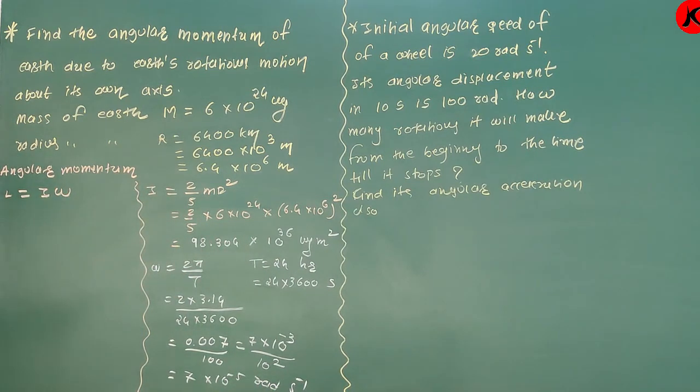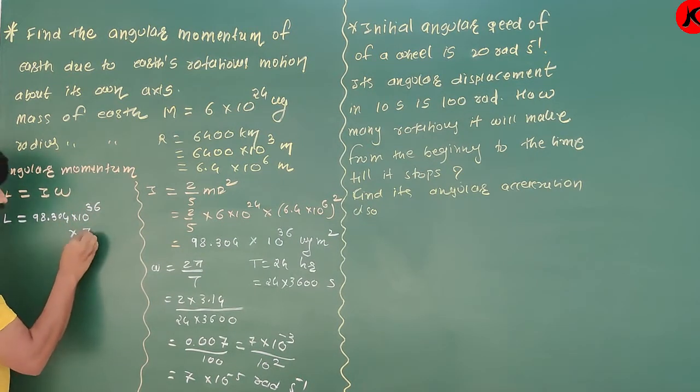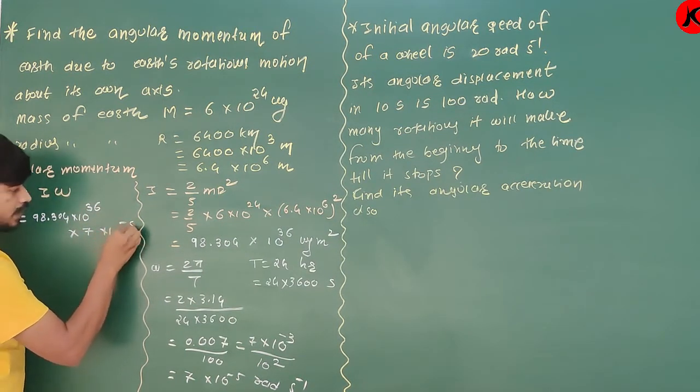Radian per second. Clear about this? Okay, so that is how to find this omega. Now you have to put values here. L is equal to what is the value of I? It is 98.304 into 10 raised to 36, into what is omega? It is 7 into 10 raised to minus 5.